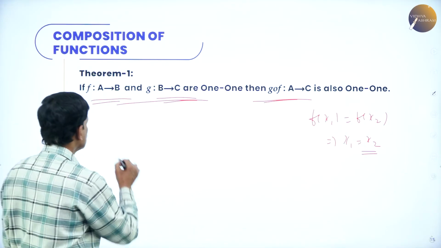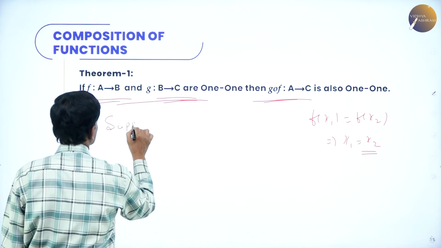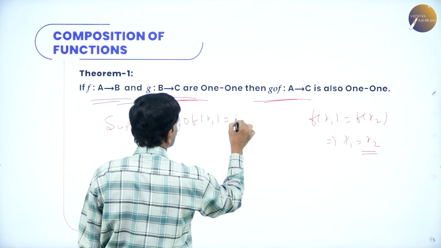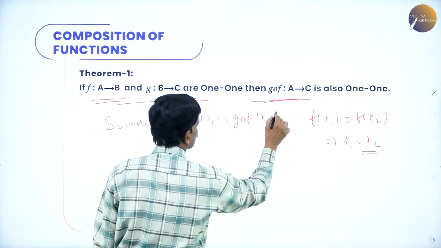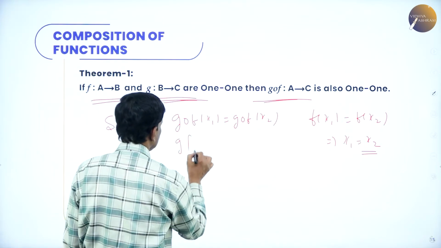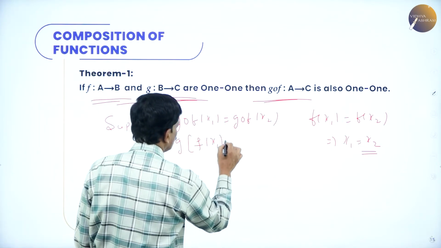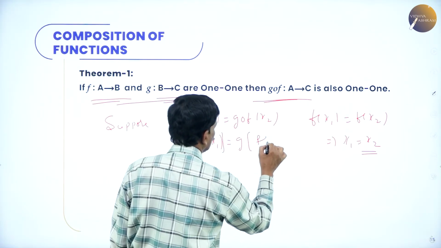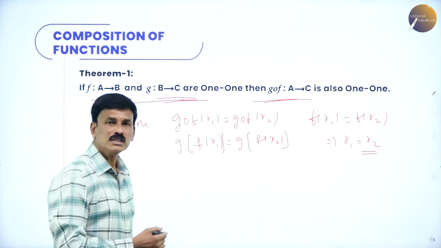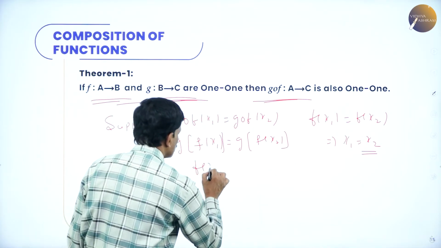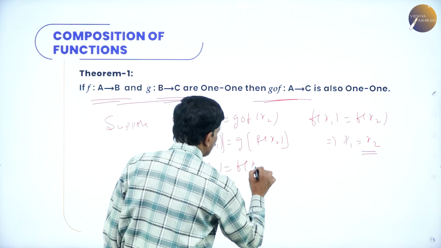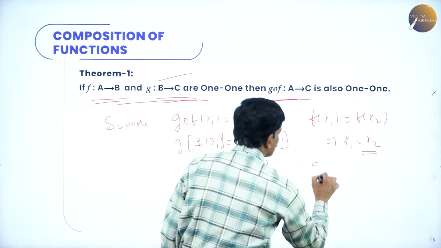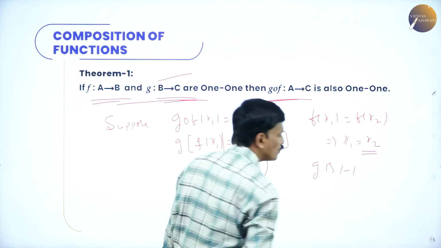Now suppose g o f of x1 is equal to g o f of x2. This implies g of f of x1 is equal to g of f of x2. So this implies f of x1 is equal to f of x2, because g is a 1-1 function.